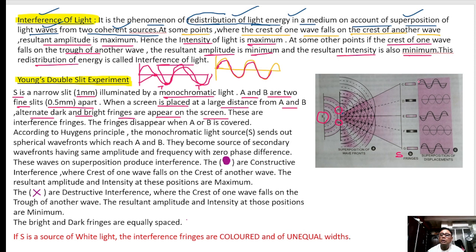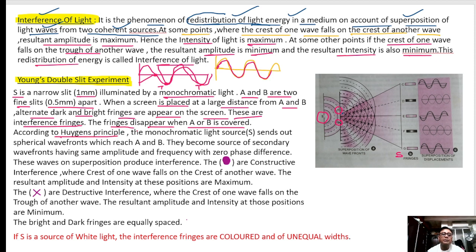As you can see, these dark and bright parts are called the interference fringes. Please note, the fringes disappear when A or B is covered. If I cover up A or B, the fringes will not take place, because superposition of two waves will not take place.